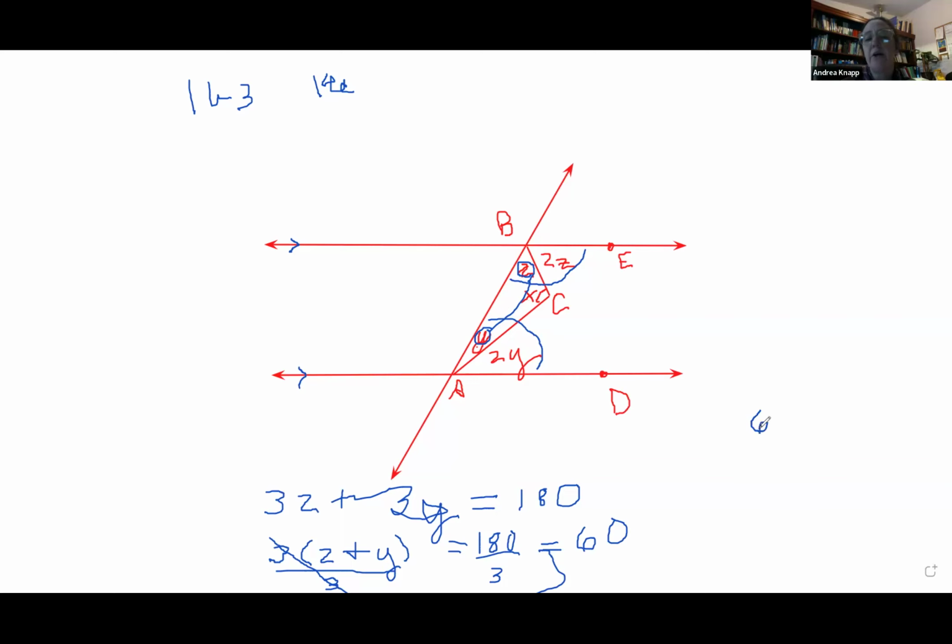But I already know Z plus Y is 60. So 60 plus X would have to be 180. And now I can subtract 60 from both sides. So what's X? 120.